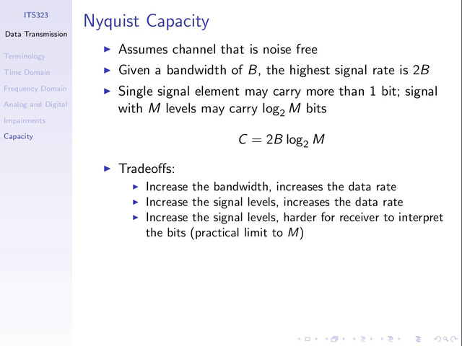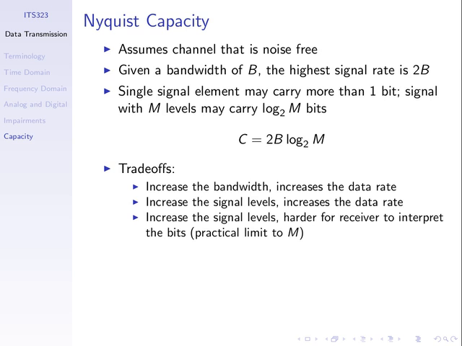But if we have noise in the system, then this scheme can lead to more errors. The role of the receiver is to take the received signal and map it to one of the possible levels.